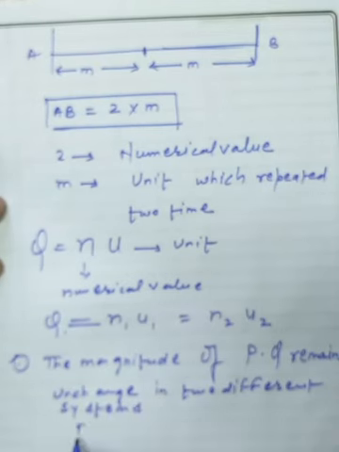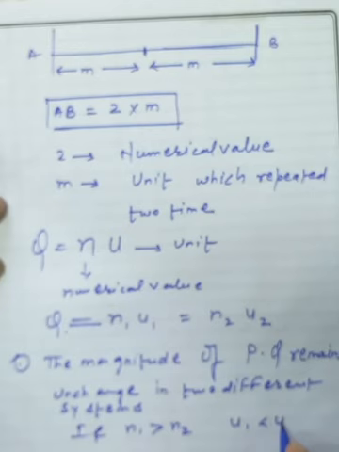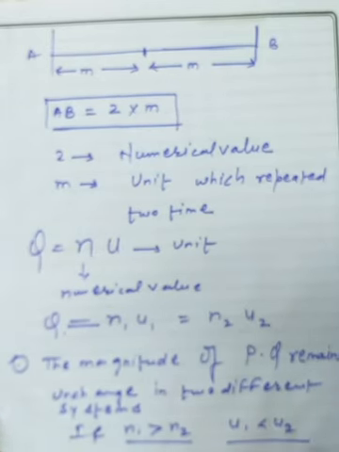If N1 is greater than N2, then we can say that U1 is less than U2. So this is the basic explanation of the terms unit and numerical value. Now thank you.